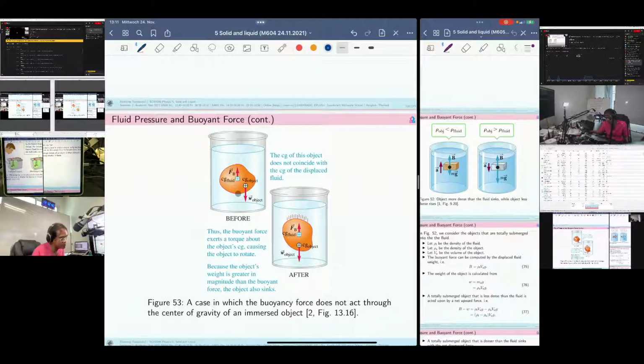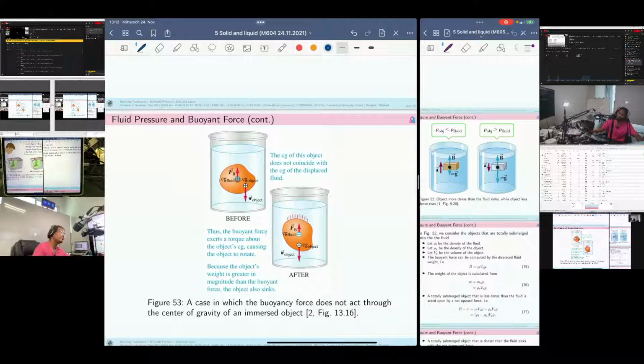And in this case, the fluid doesn't know which point is the center of gravity of that material. It would take a look at the whole volume of this material, and it would place the buoyant force at the center point of this material.